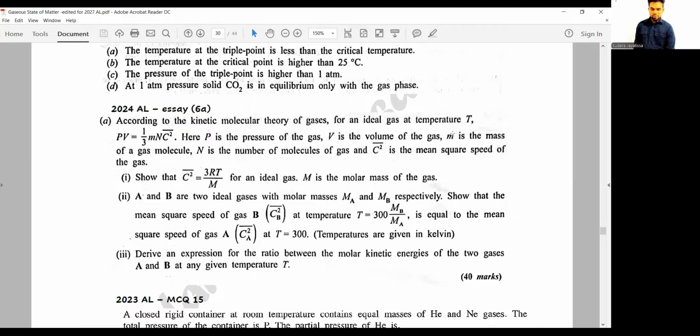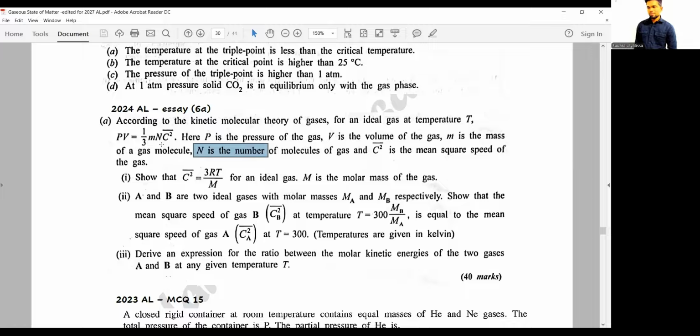If you have the pen with you now, please highlight a gas molecule. That part is very important, because normally we refer to small m as the total mass, but here in this equation, small m represents the mass of one molecule. That is important. Then N is the number of molecules.